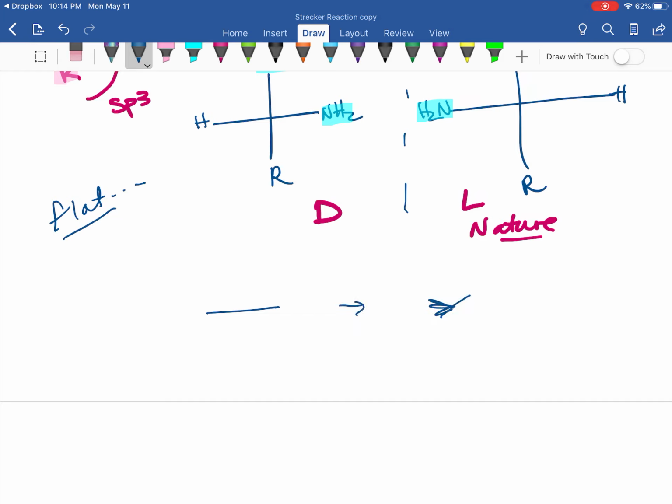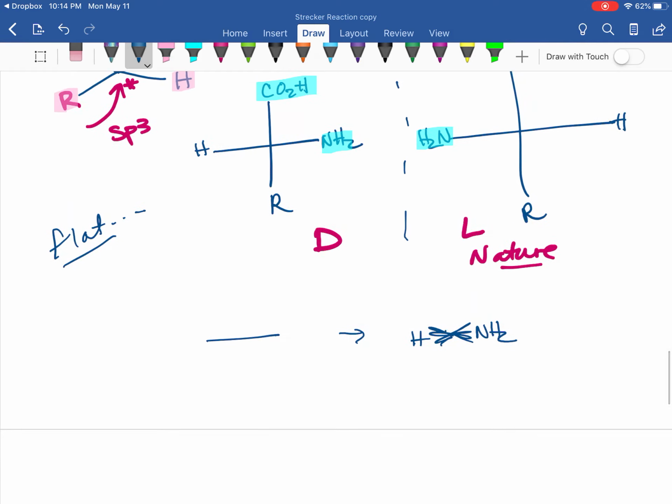Our actual horizontal, like this, is really bold. So that means that your hydrogen and your nitrogen are literally coming up at you, and your CO2H, that carboxylic acid, and that R group are coming away from you.